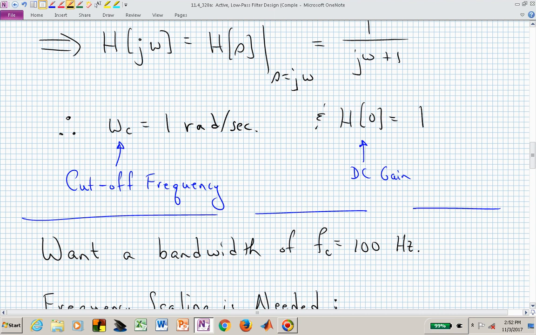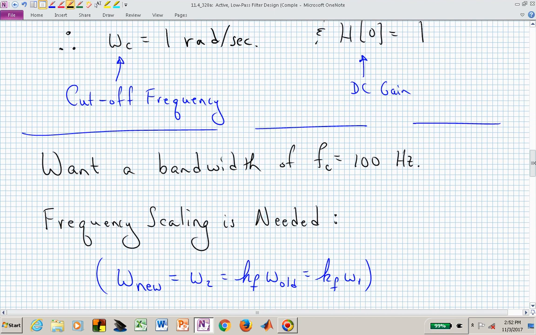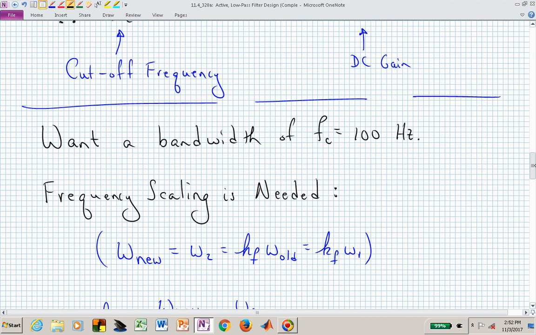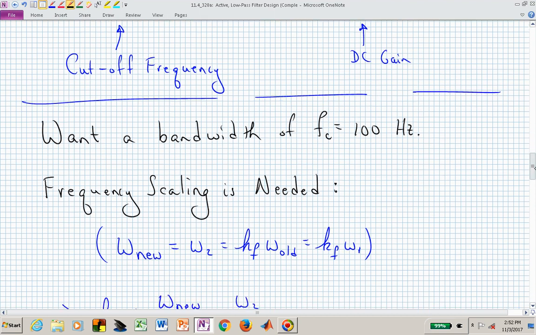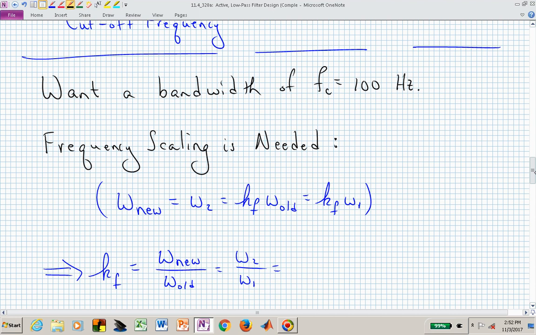We want to convert that into a transfer function that has a bandwidth of 100 hertz. So we're going to need to do some frequency scaling. And we need to be consistent. We need to work with omegas or f's, omega new, omega old, or f new and f old, but we just need to be consistent between new and old in terms of units.